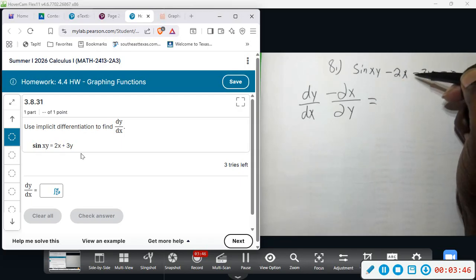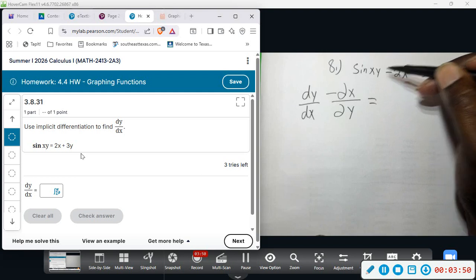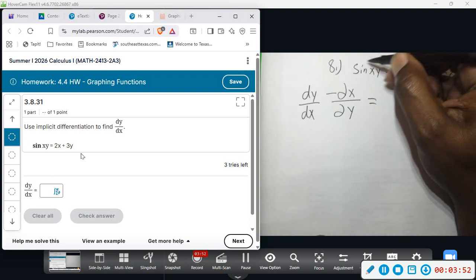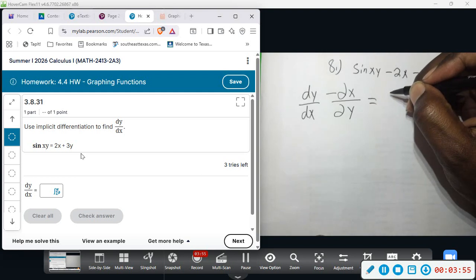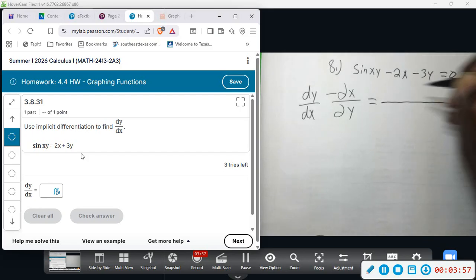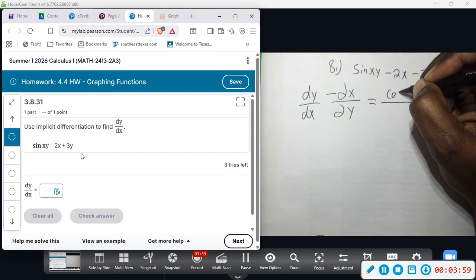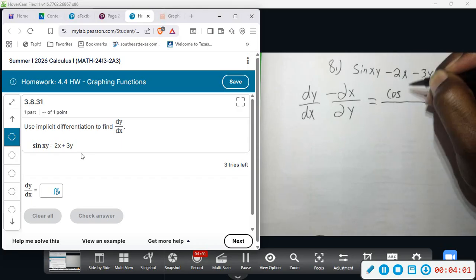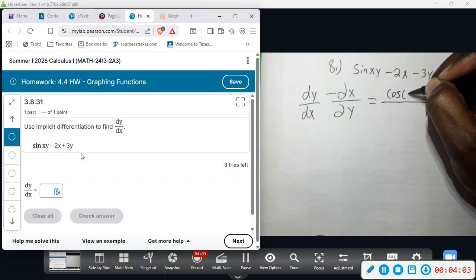We're going to take the derivative of this function. We're going to treat every time we see y as a constant. So derivative of sine is going to be cosine. Leave the argument the same because we're going to use chain rule, cosine of xy.